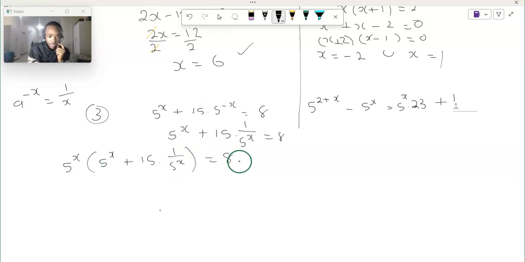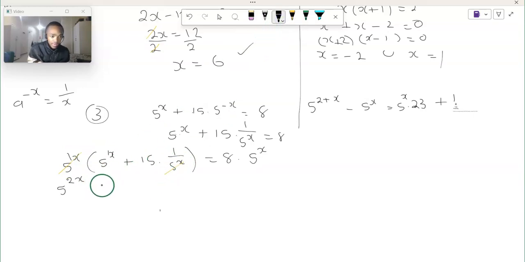So we have 5x times 5x plus 15 times 1 over 5x. Whatever you do on the right hand side, you do on the left hand side, right? If you take this one, the bases are the same, so you add the exponents: 5x plus x, 1 plus 1 is 2. Then that times that, you can see these two will cancel.